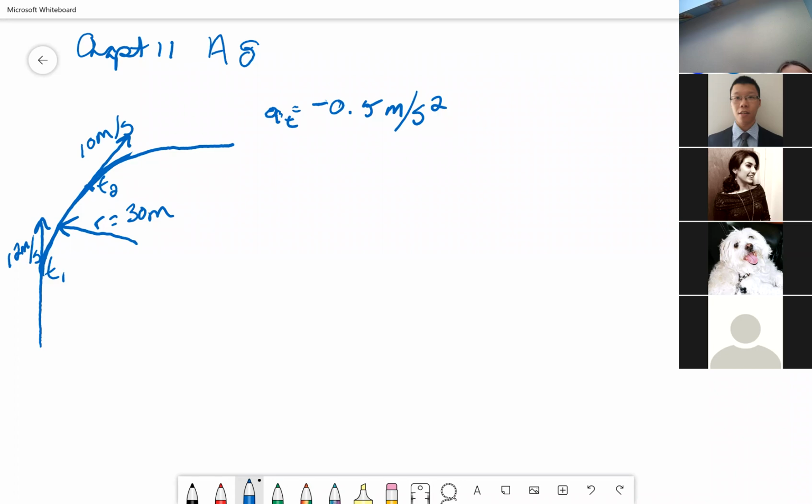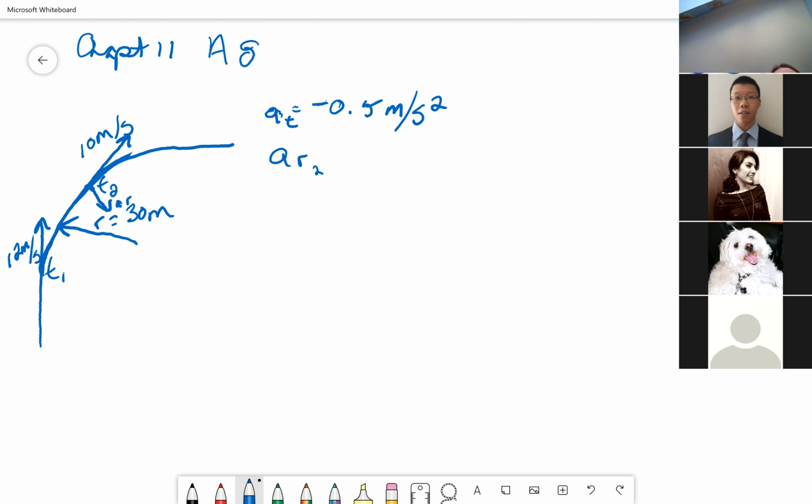So that's time 2. What we want to know is, what is their radial acceleration at this point in time? Radial and tangential acceleration. So we're looking for AR at time 2.